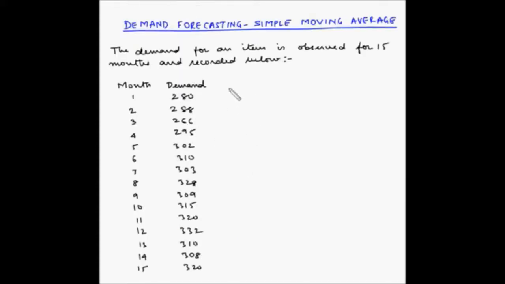So in our case, first we'll find the 3 monthly moving average. What this means is that we will take the average of the last 3 months of actual demand, and that will become the forecast for the 4th month.